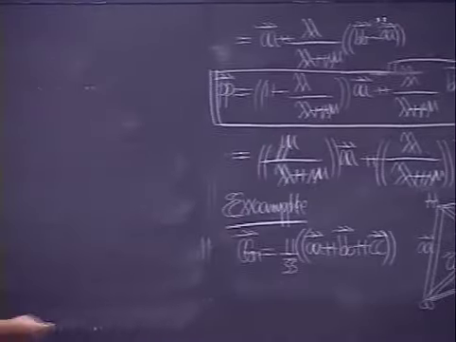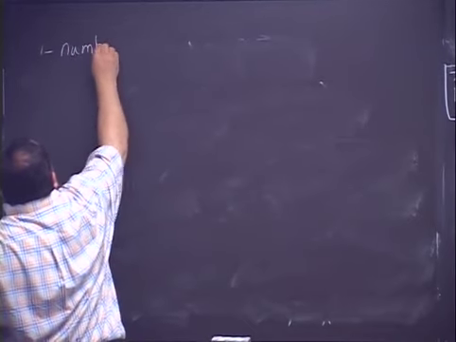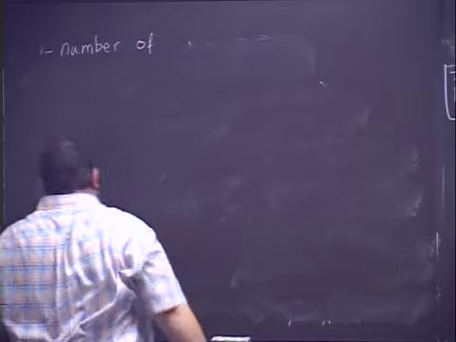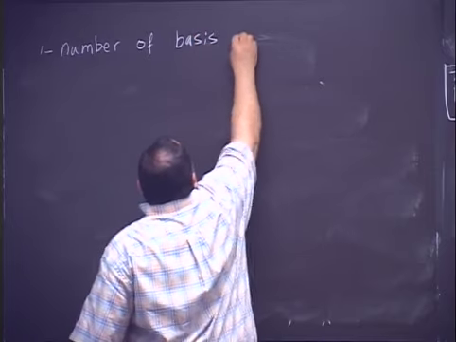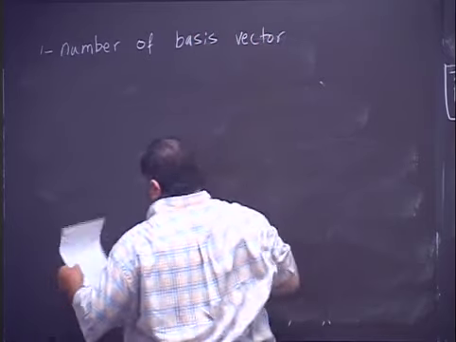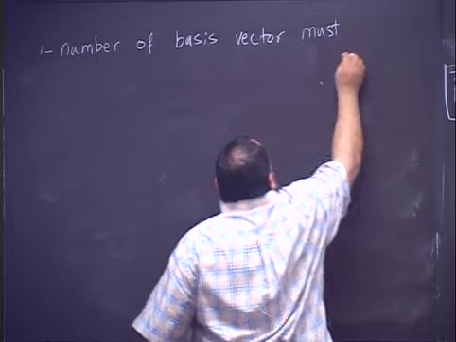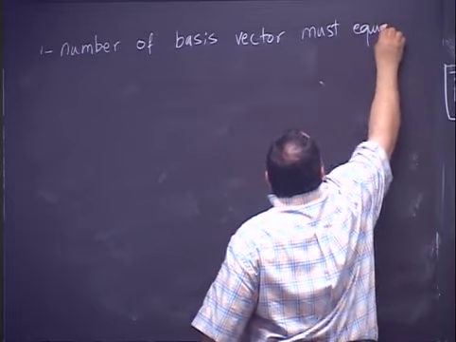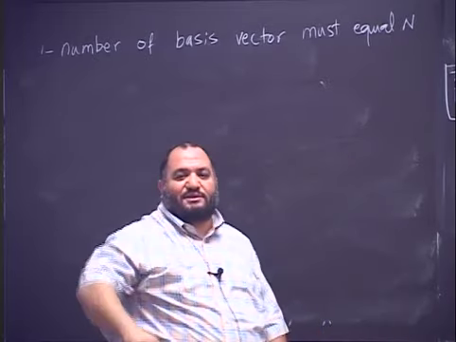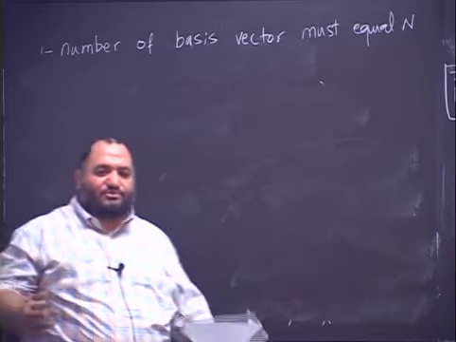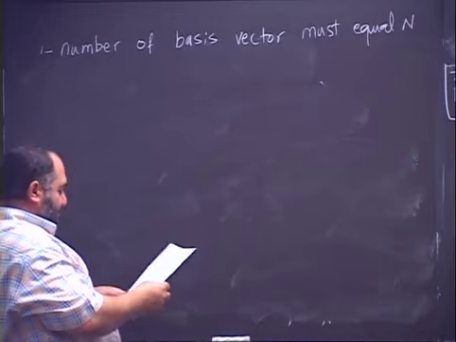First, the number of the basis vectors must equal n. So if we have one-dimensional space, we have one base vector, two-dimensional space, two base vectors, three-dimensional space, three base vectors, and so on. N-dimensional space, we have n base vectors.